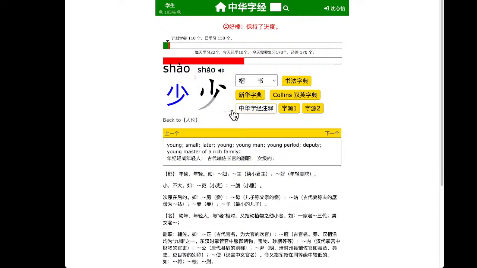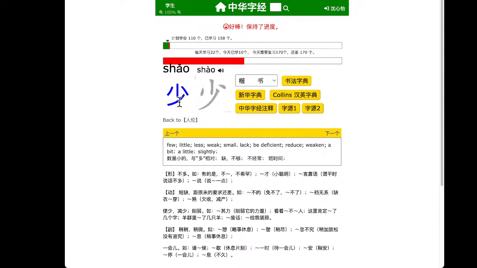少 is young, or this refers to a junior in a position, or to a young person who is young in age, or related concepts.